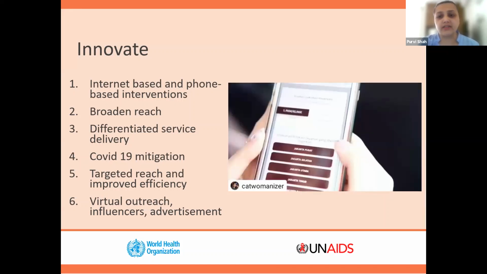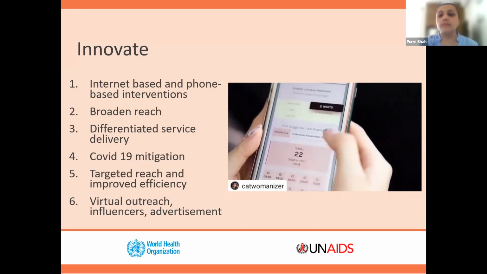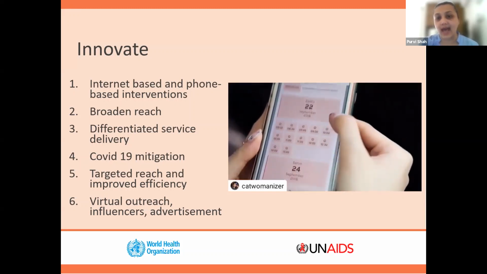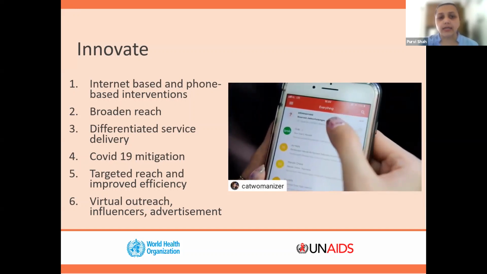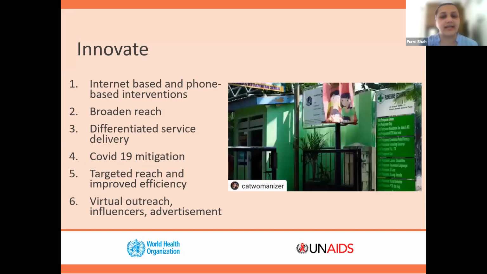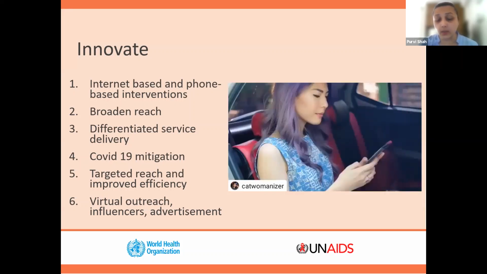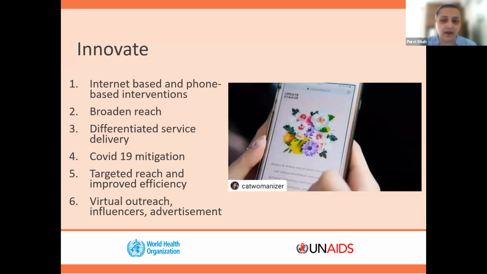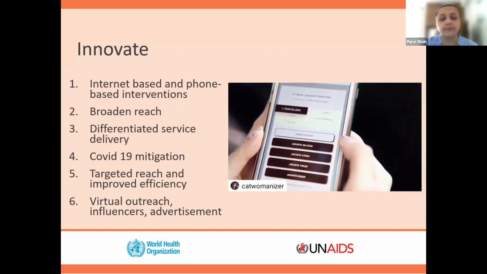I think virtual interventions can play a very important role in mitigating the impact that COVID-19 has had on all our programs. It also allows us to have a targeted reach and improved efficiency. We can't reach everybody, we can't test everybody. It is important to target the audience that we want to reach, and therefore improve our efficiency, and thus probably also control costs.